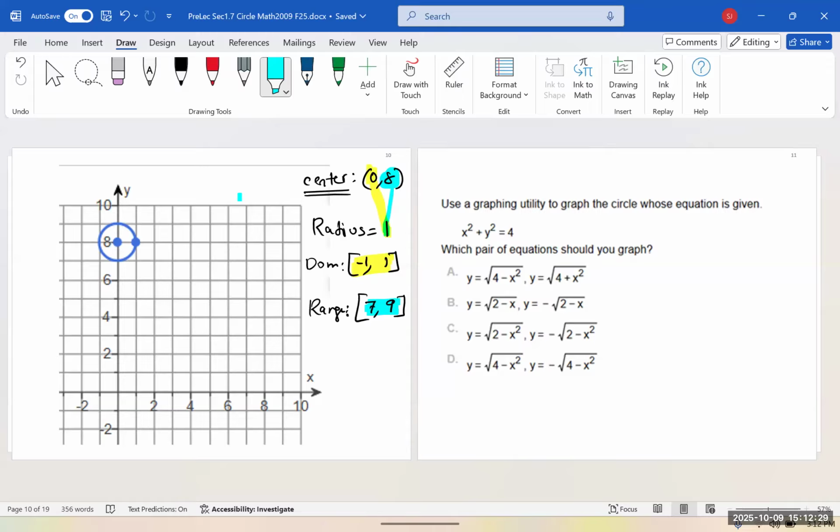In other words, basically they are asking, hey, solve for y. So if you try to solve for y, which of these choices is the correct one? Dimitri, what?